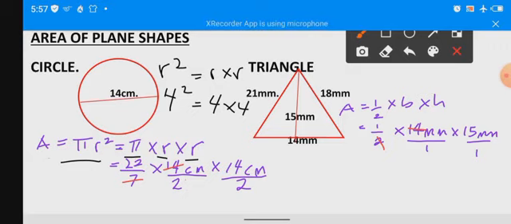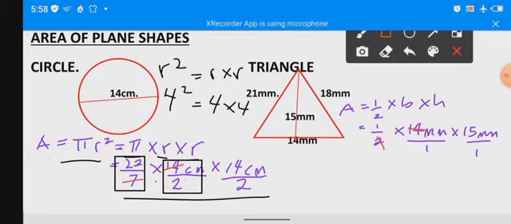Now the next thing is to carry out the necessary operation. The operation here is multiplication. All these numbers are fractions, so when you are to multiply fractions, you divide before you multiply. 22 over 7 implies 22 divided by 7, and 14 centimeters over 2 implies 14 centimeters divided by 2.